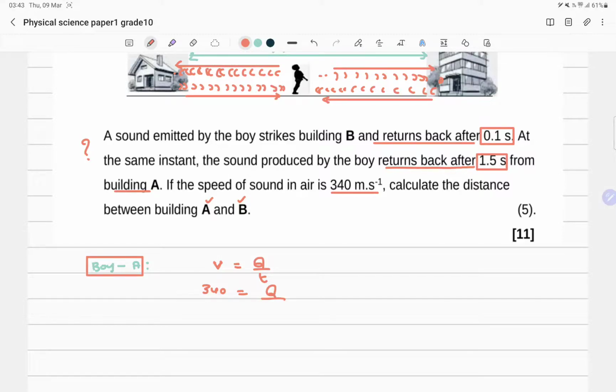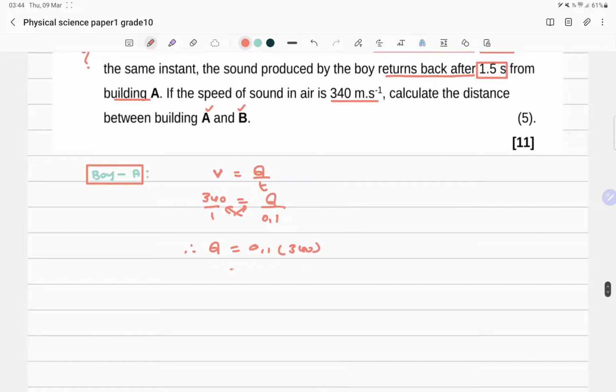We told you this is 0.1, so if we say this is over 1 and cross multiply, our D becomes 0.1 times 340, so this is 34 meters.